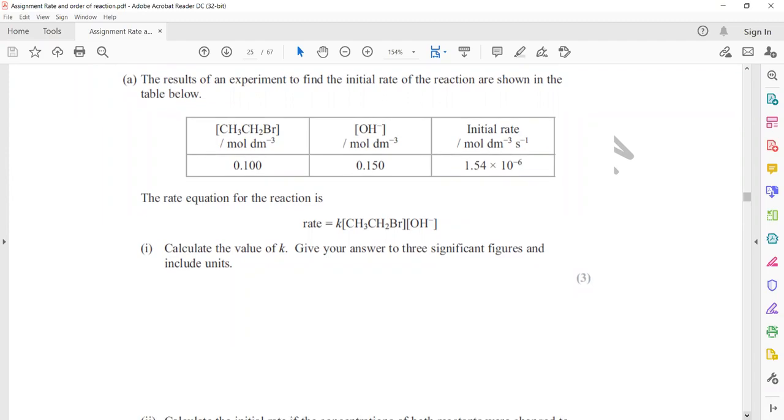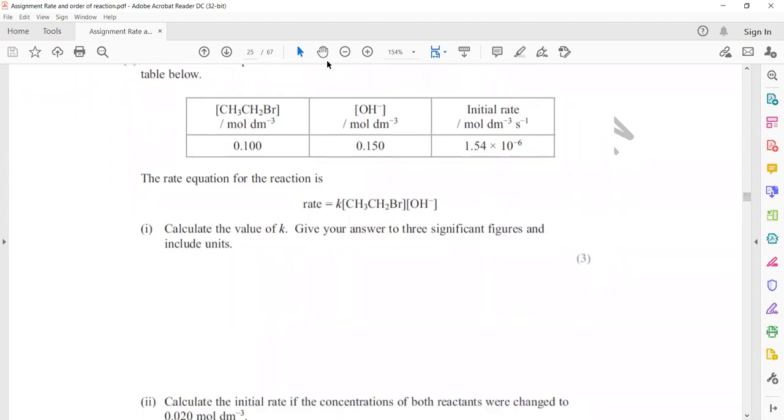And the rate equation is given. So if the equation is given, we just have to substitute the values. The value of the rate is 1.54 into 10 to the power minus 6. The K is unknown. The concentration of bromoethane is 0.1, and the concentration of hydroxide ion is 0.15.